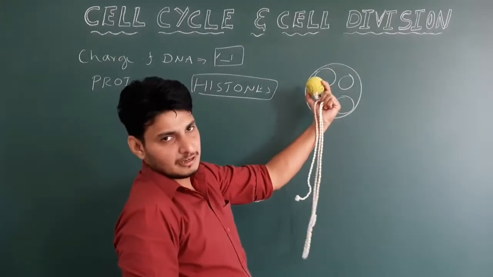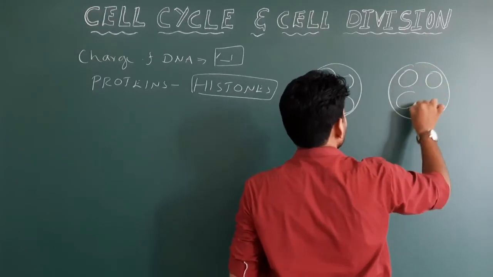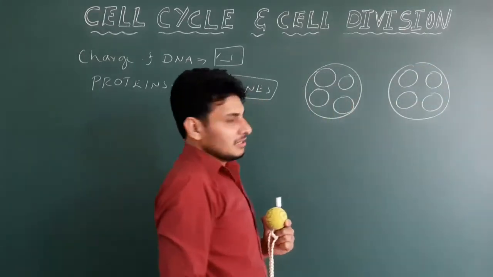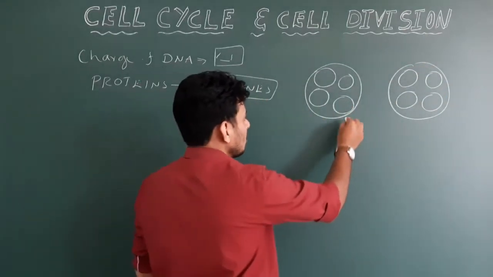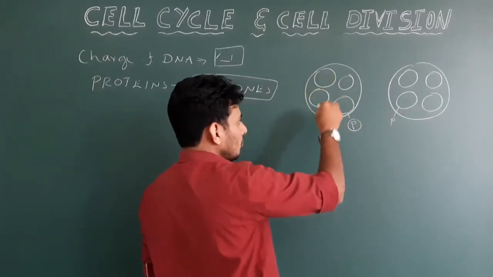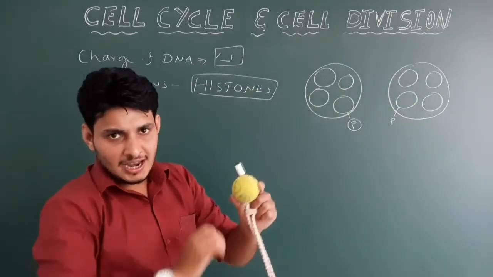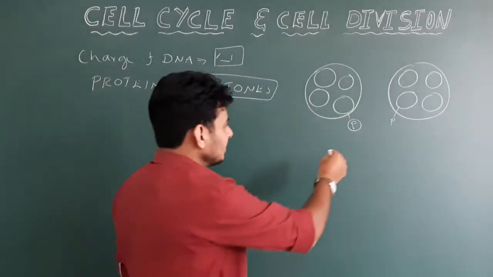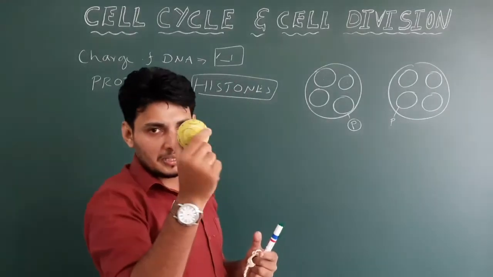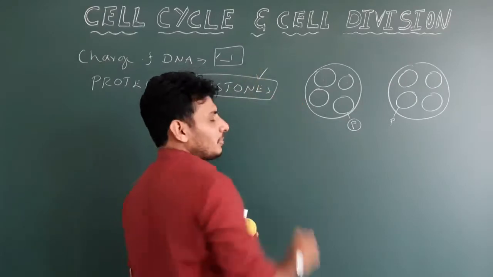This is the back side of it, which also contains 4 tiny circles. These circles are nothing but proteins. So how many proteins are there in one ball? 1, 2, 3, 4, 5, 6, 7, 8. So this ball contains 8 proteins, and these 8 proteins are arranged in such a way that it finally makes a big ball. Got it? This big ball is called histone.